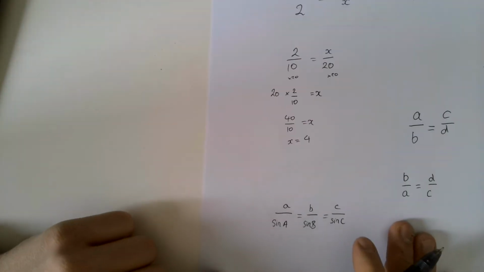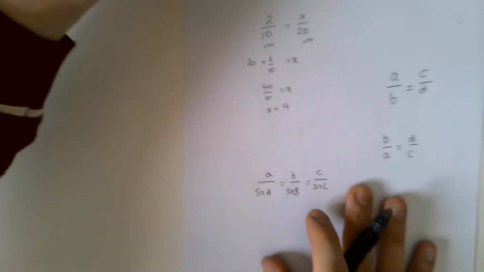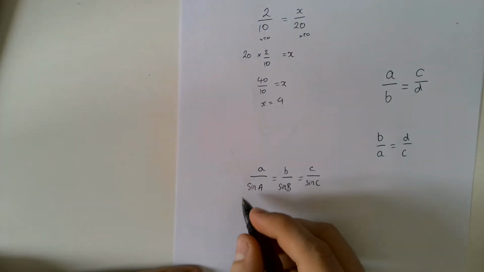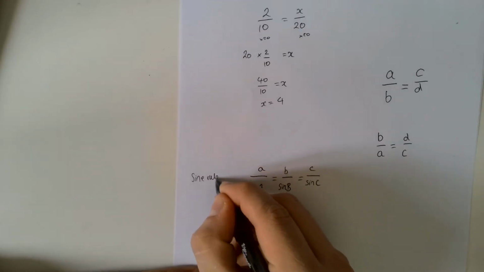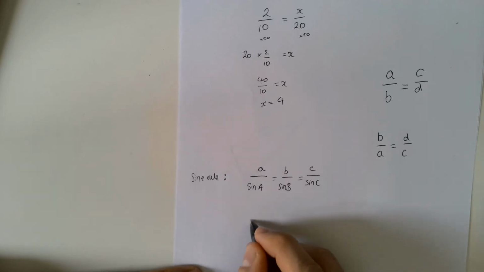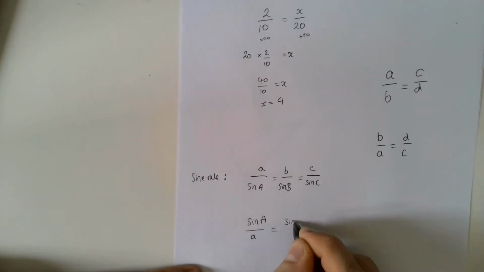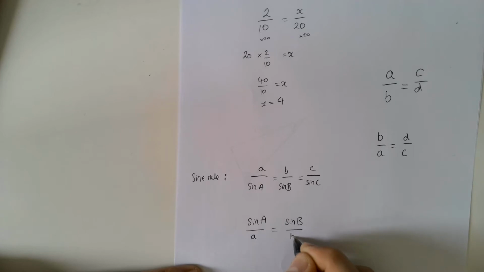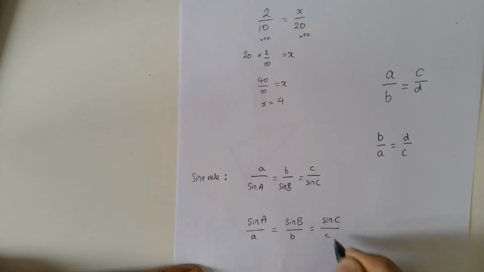It is absolutely fine to flip all of those upside down, and it is still true. So the sine rule says this, but you could also write it as sine a divided by a is equal to sine b divided by b, which is equal to sine c divided by c.